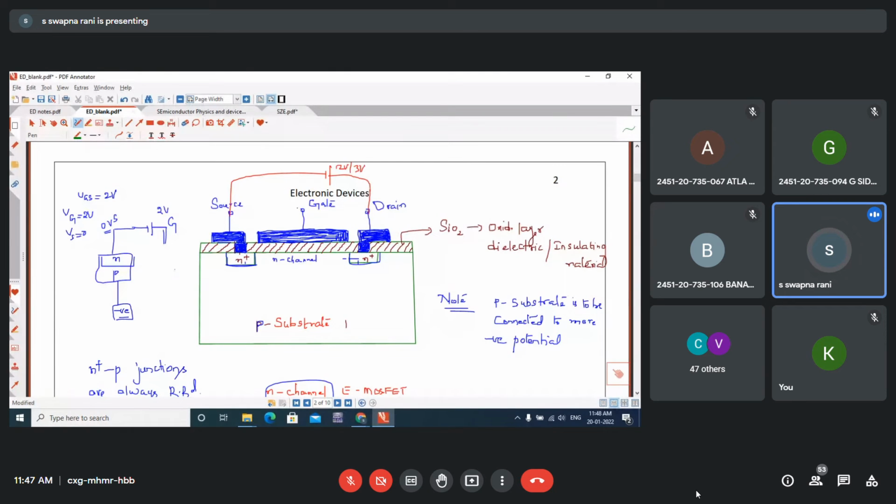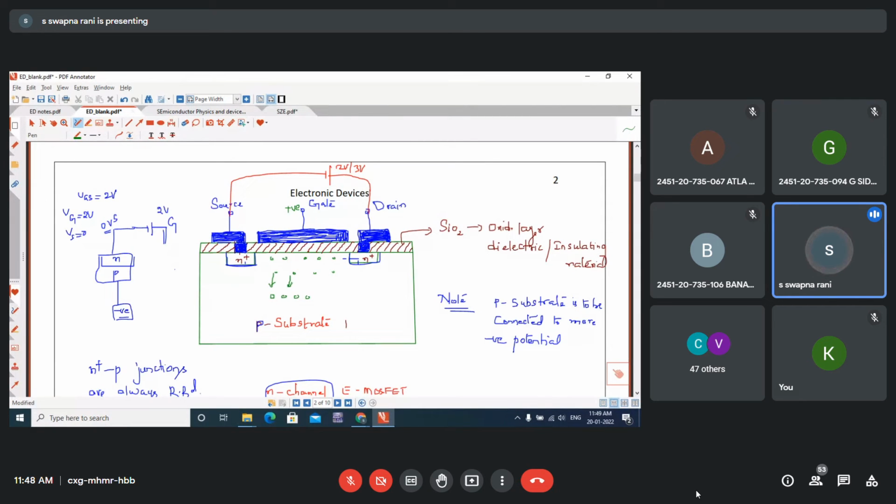If I give a positive voltage on the gate, then because of this positive voltage, whatever holes are there in the P-type substrate will get repelled.